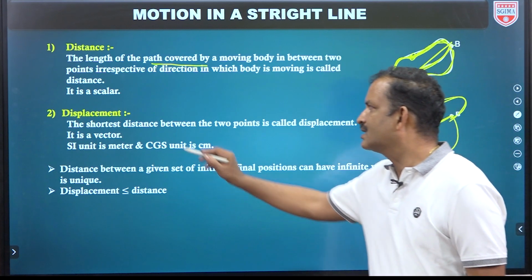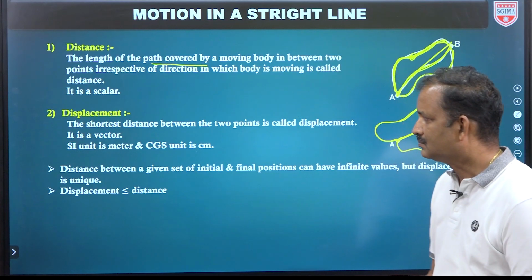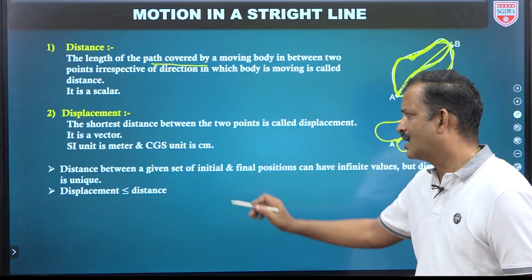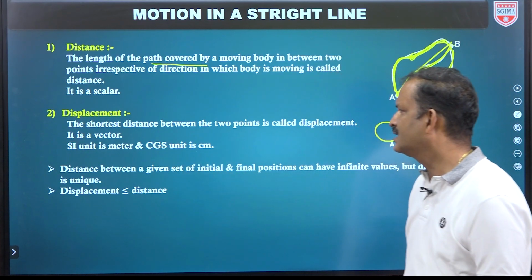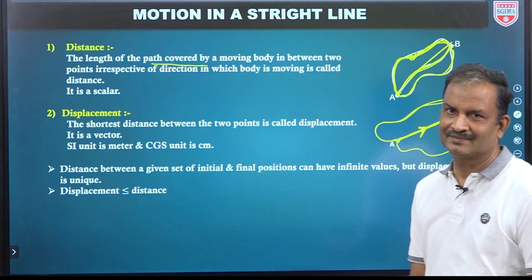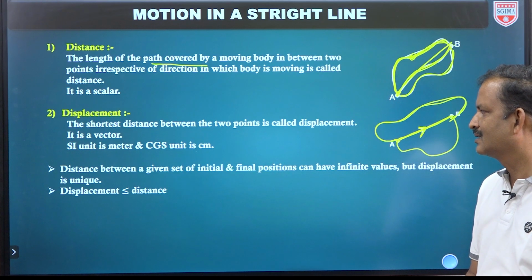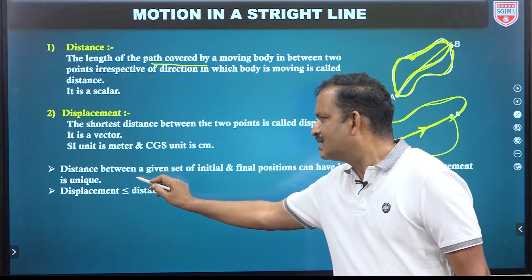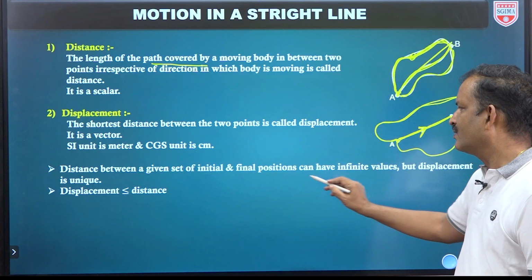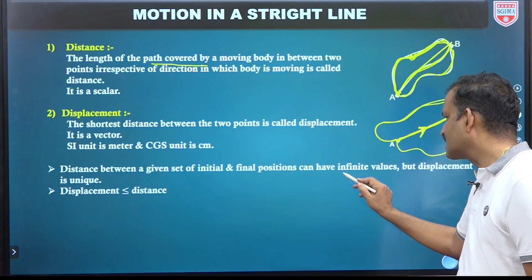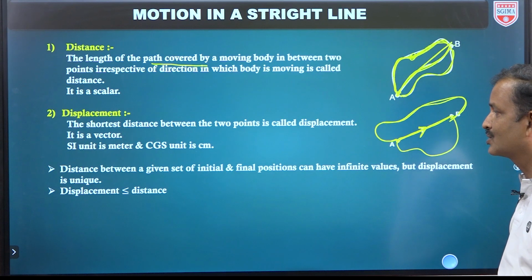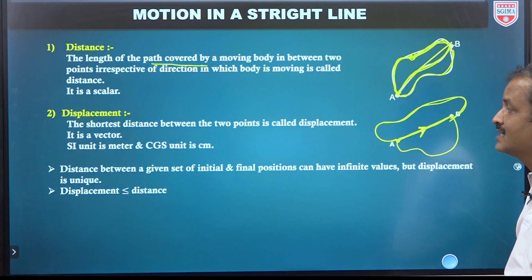Both for distance and displacement, SI units are meters, CGS units are centimeters. Distance between a given set of initial and final positions can have infinite values, but displacement is unique.